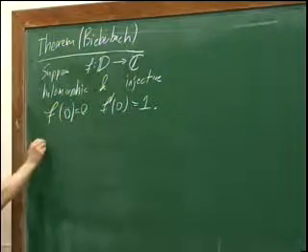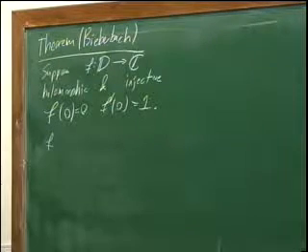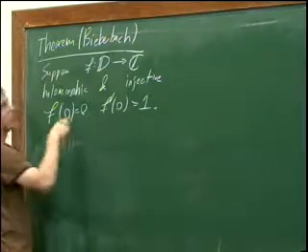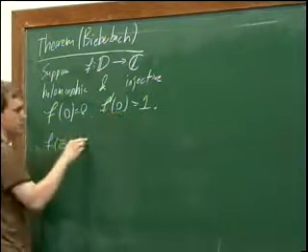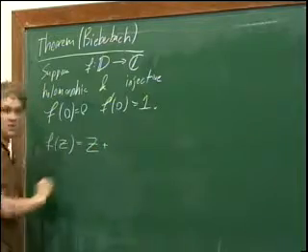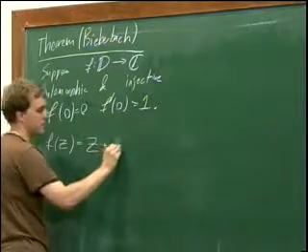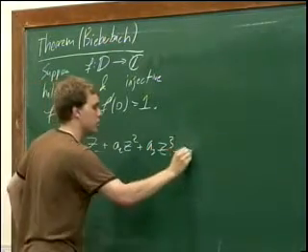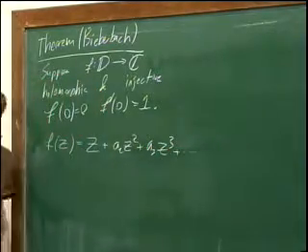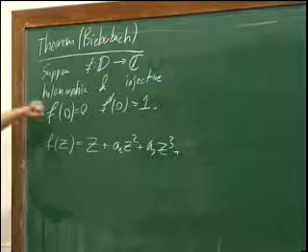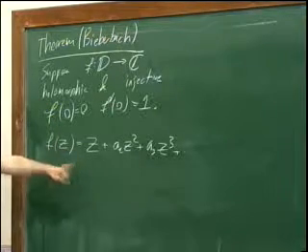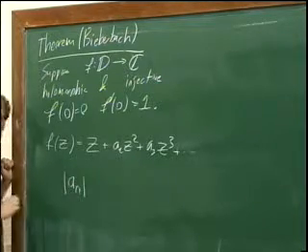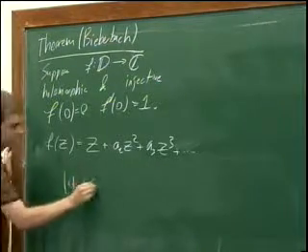Now we're going to write out f in terms of its Taylor series expansion. So f at z is the constant term 0, then z. Interesting things start happening when you get to the second one. So we have a2 z squared plus a3 z cubed, and so on. What Bieberbach's theorem says is if you expand the function in its power series like this, then the size of the nth coefficient is always less than or equal to n.